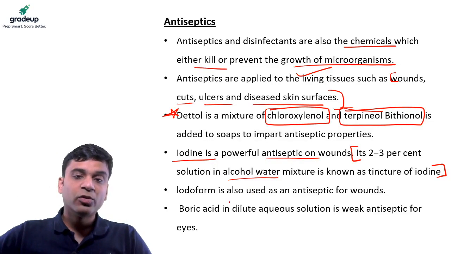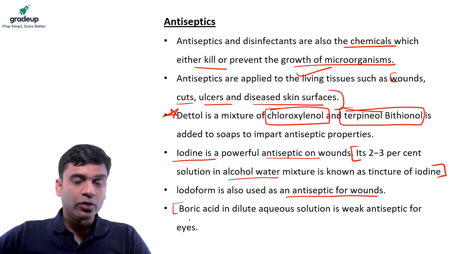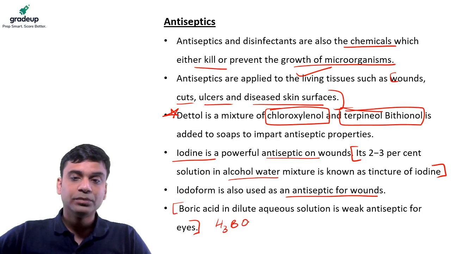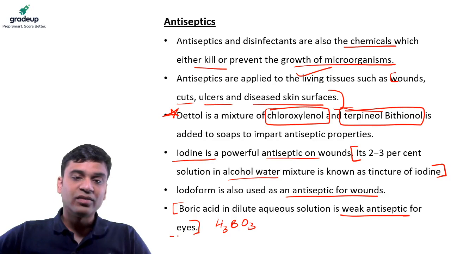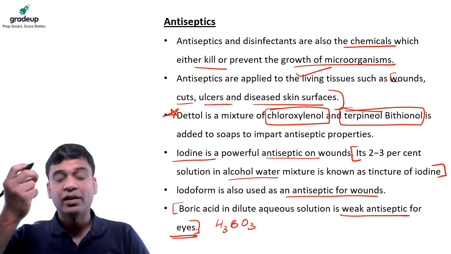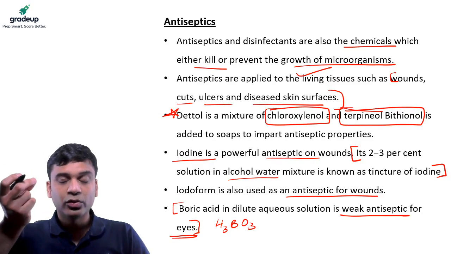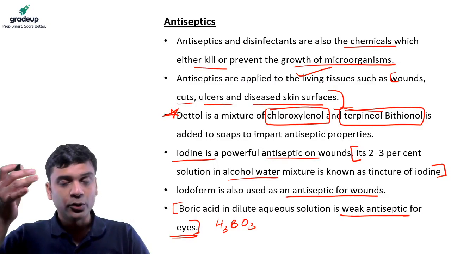Iodoform is also used as an antiseptic. And boric acid, H3BO3, is also very important as a weak antiseptic for the eyes. It can be added if there's an eye infection. Doctors give you a dilute boric acid solution.